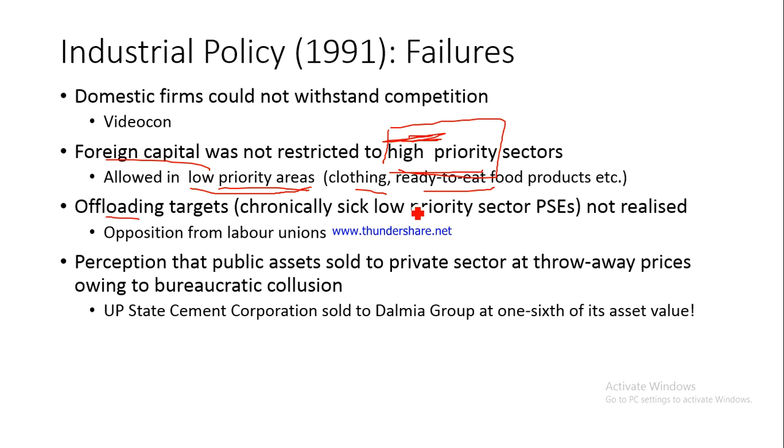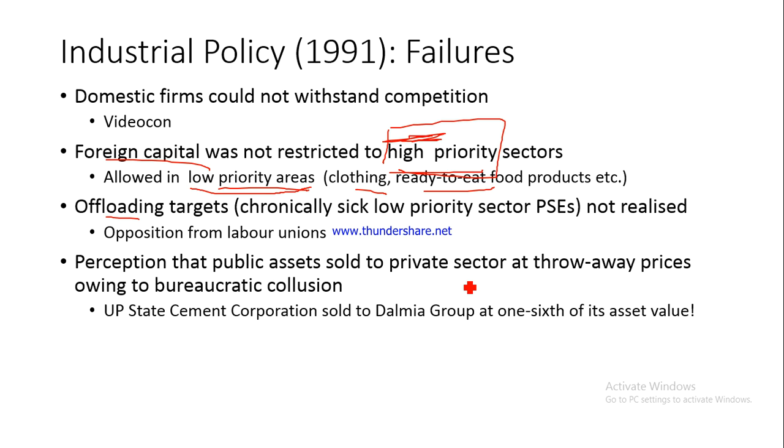Then in many places, however, the public sector units were actually sold to private capital. However, the transactions that took place were very, very shady. There was a perception which started developing that public assets are being sold to private sector enterprises at dirt cheap, throwaway prices. And this is happening because of bureaucratic collusion.